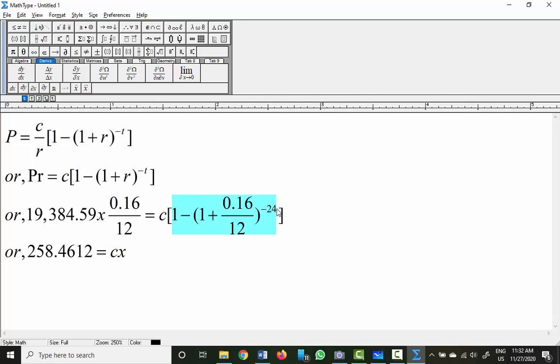So 1 minus bracket 1 plus, let us get a fraction, 0.16 divided by 12 bracket close power is minus 24.